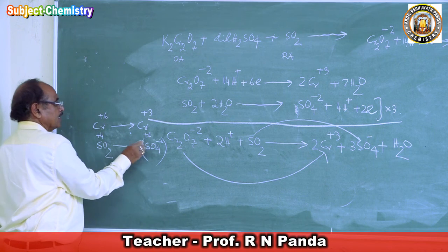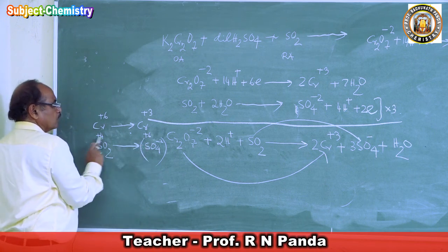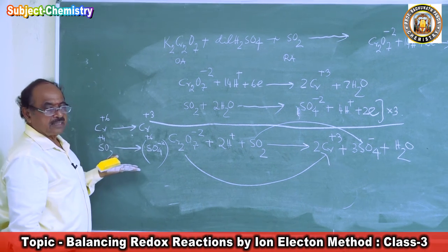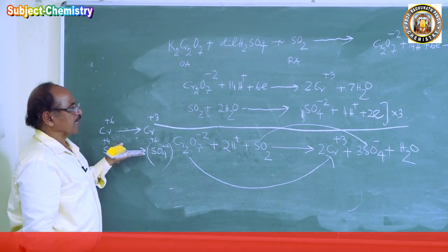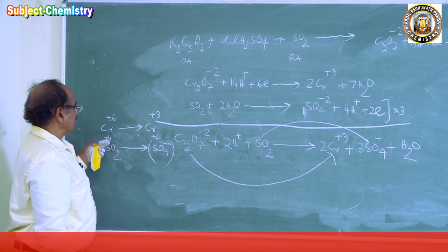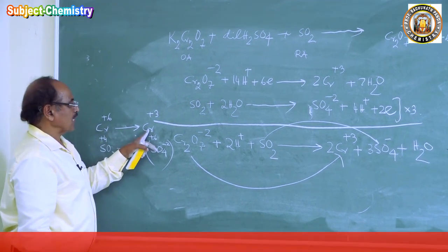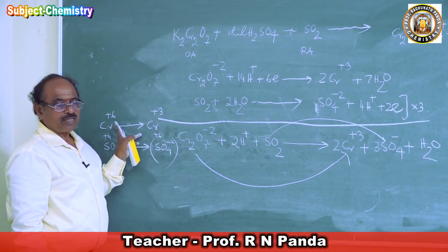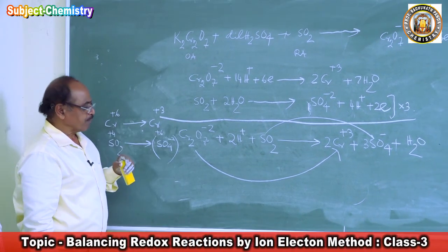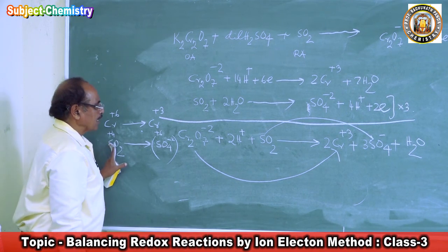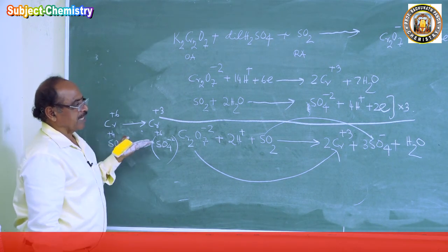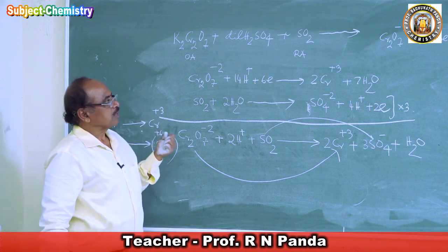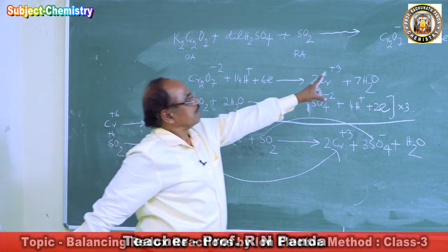So plus 4 to plus 6 is oxidation, and plus 6 to plus 3 is reduction. There is an oxidation-reduction taking place. Sulfur dioxide reduces potassium dichromate from the dichromate state to the chromic state, and while reducing, it gets oxidized to sulfate. This is a very vital reaction for us.